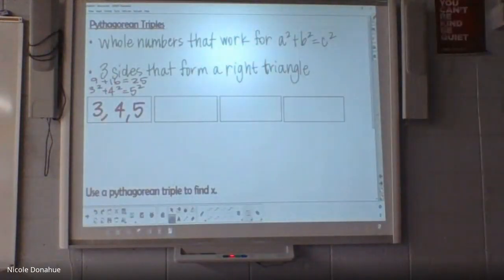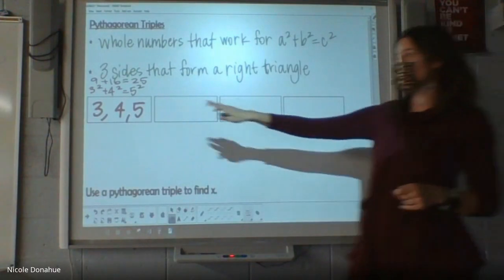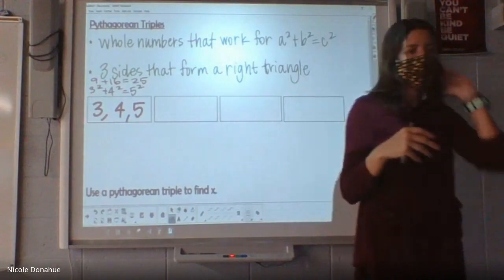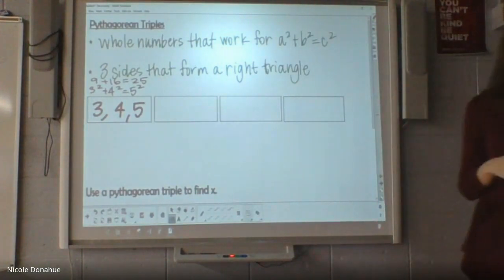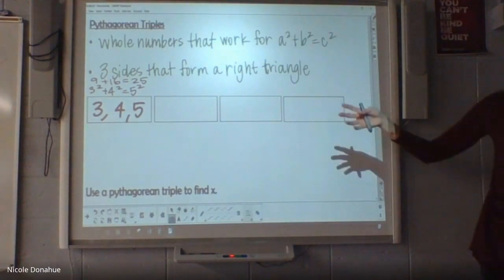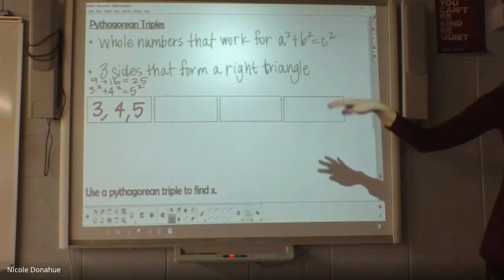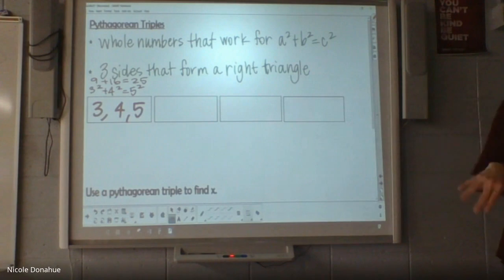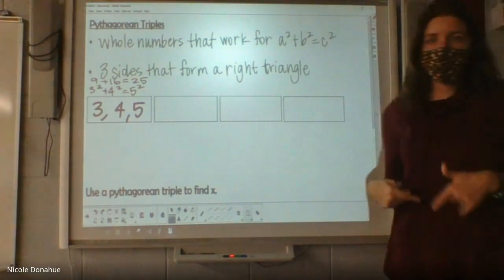If I'm trying to draw a triangle that I know is going to be a right triangle, a lot of times I use 3, 4, and 5 as the side lengths. However, if you recall from last chapter, that's the ratio of the side lengths. We can also double those, and it would also work. We can triple those, that would work.